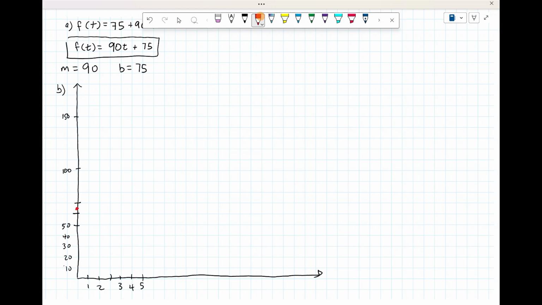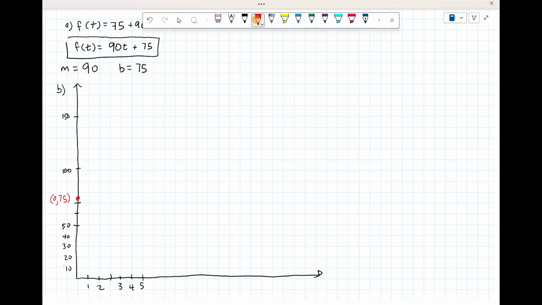Nope, that's the wrong place. So 50, 60, 70, and then the 75 will be here. Sorry, it's deleting itself for some reason. There we go. And so that's the point (0, 75).